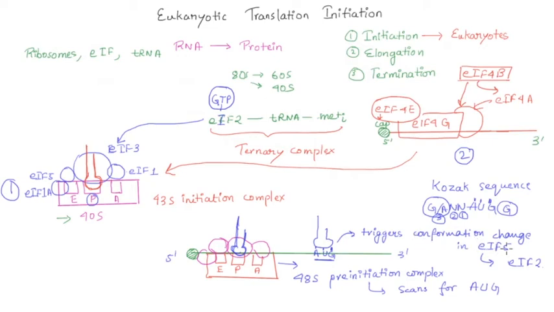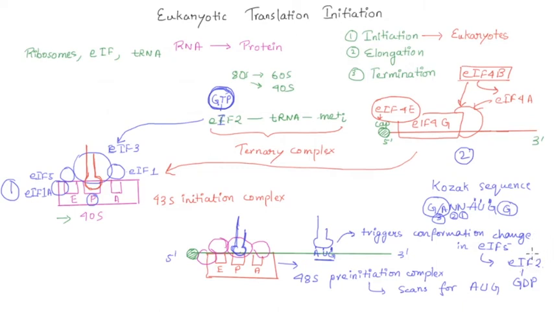So the conformation change of EIF5 triggers the conformation change of EIF2, which hydrolyzes the GTP that was bound to it, and now is bound to GDP. And as soon as the GTP is hydrolyzed, this EIF2 leaves the complex along with EIF5.